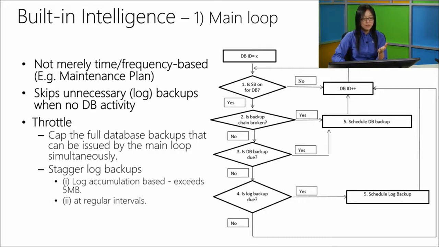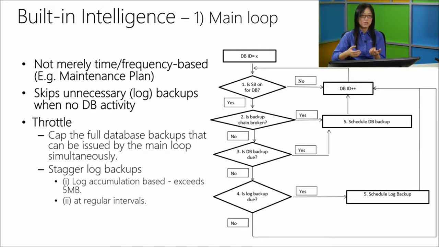Now, jumping right into how we think about the intelligence. There are quite a few aspects of it, but I want to highlight two. One is what we call the main loop. This is like the brain of the algorithm, deciding whether and how frequently we want to take a backup.